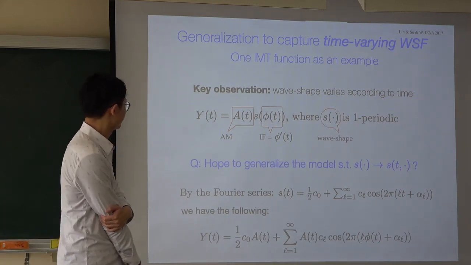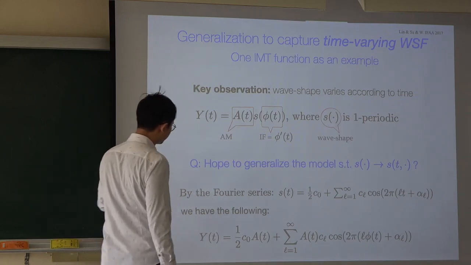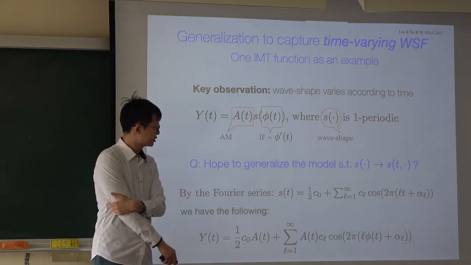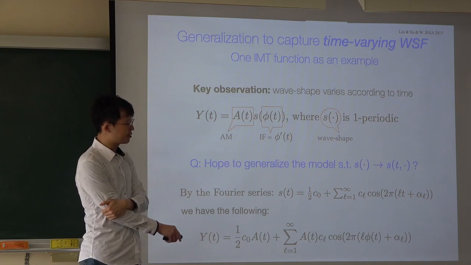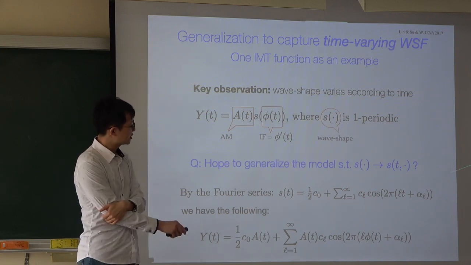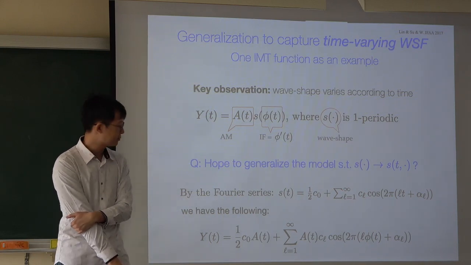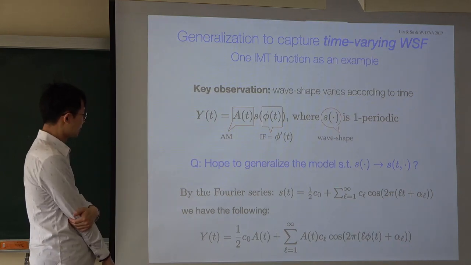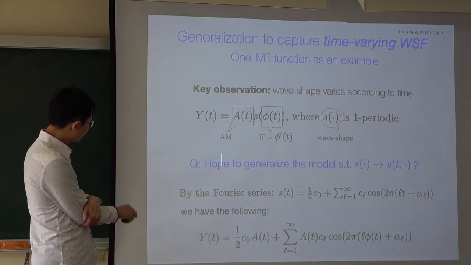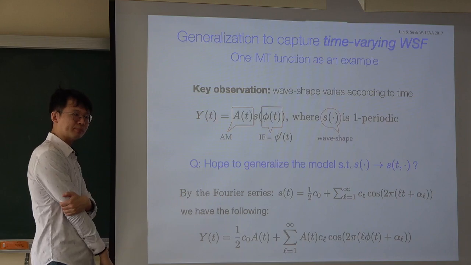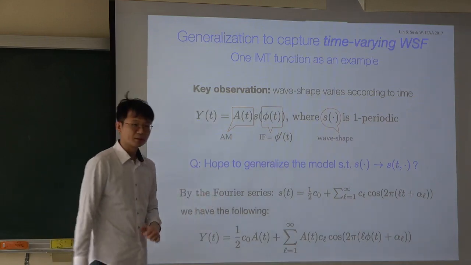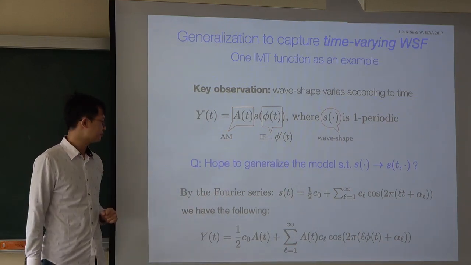We can take a very simple observation, the Fourier series. You have S and you have the Fourier series expansion, and we have discussed this infinite sum before with some regularity, distribution, whatever it is. Now, we can rewrite y of t in this way. Easy. It tells you there is only one wave shape function.